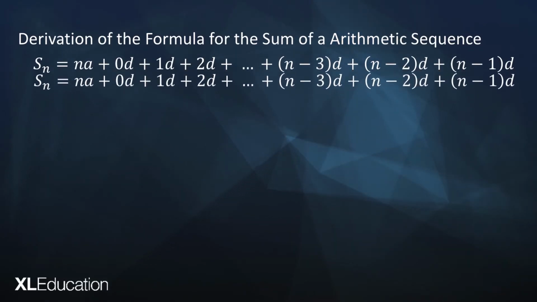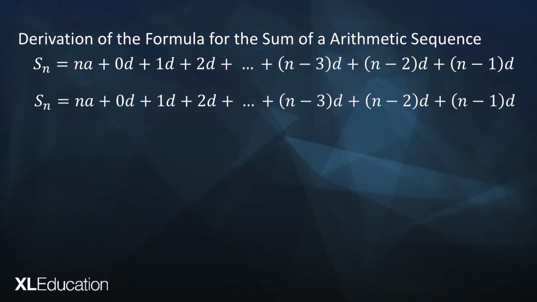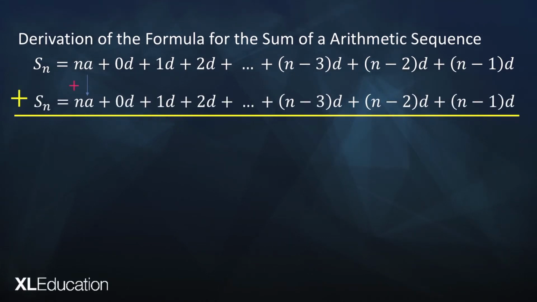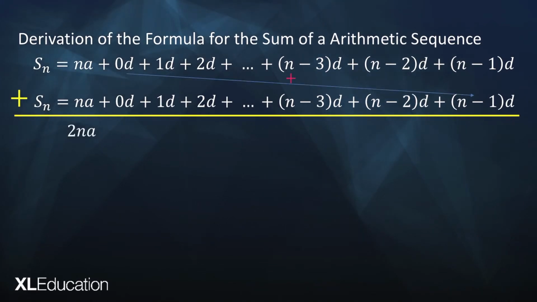What we're going to do is take that expression and add it to itself. And what we're going to observe is that something really cool happens. So we've got there na plus na, and we know that's going to be equal to 2na, not too difficult. Then we're going to do something a little sneaky. We're going to take that 0d at the top and add it to the n minus 1d at the bottom, and we're going to get n minus 1d.